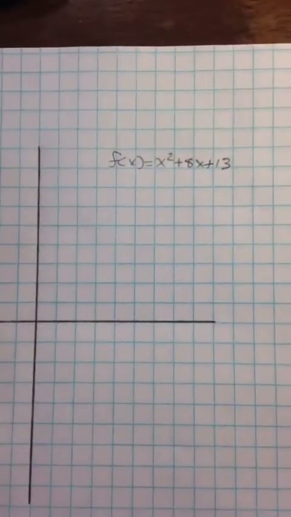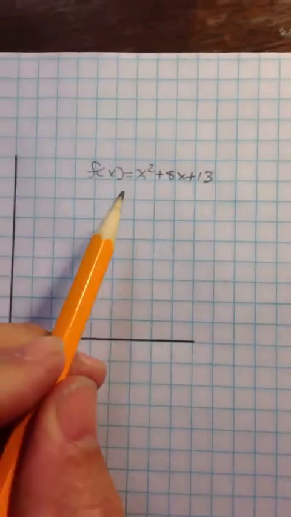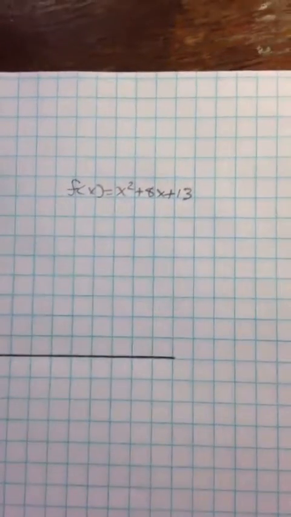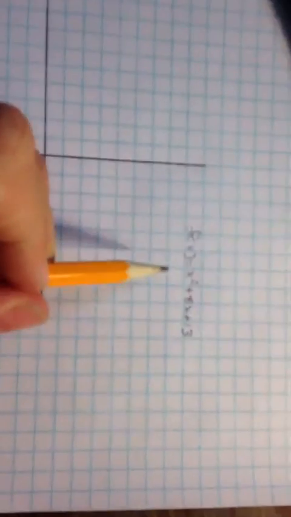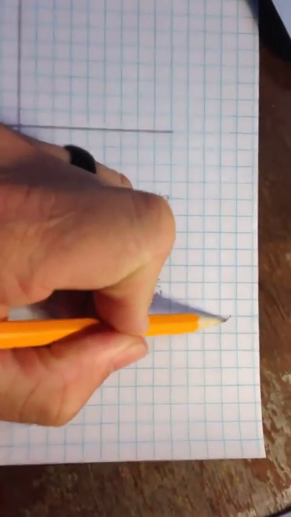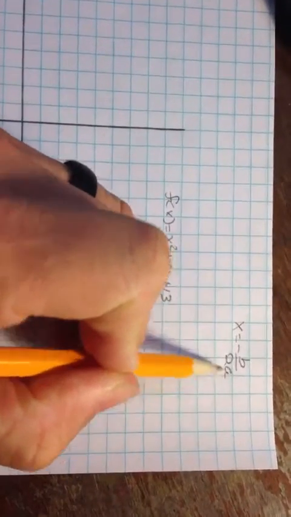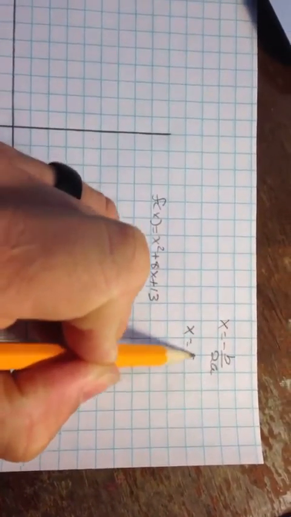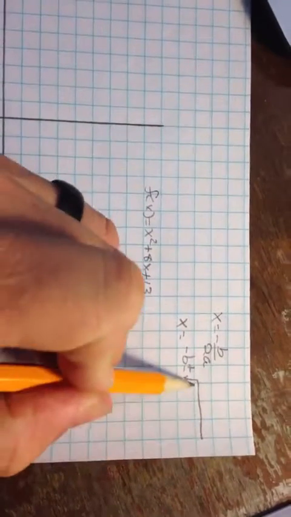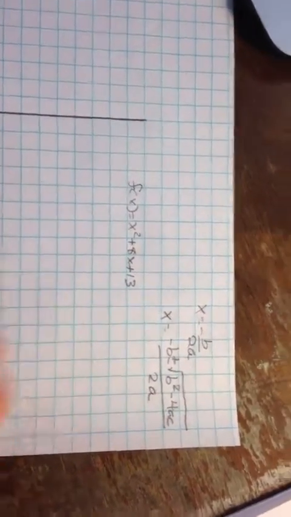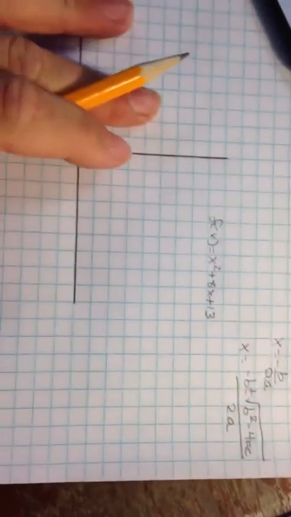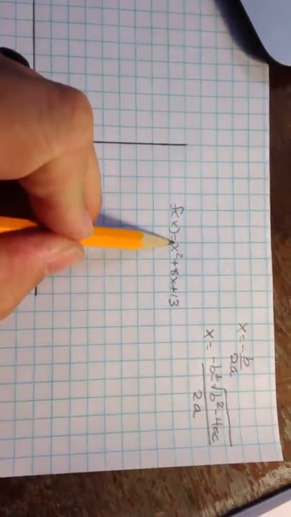All right, so today you had an equation, f of x equals x squared plus 8x plus 13, and I wanted you to do a few things. For one, I wanted you to find the axis of symmetry. Up on my board, if you'll recall, I have these formulas. Remember the A, B, and C values.